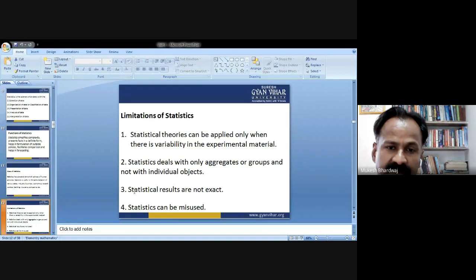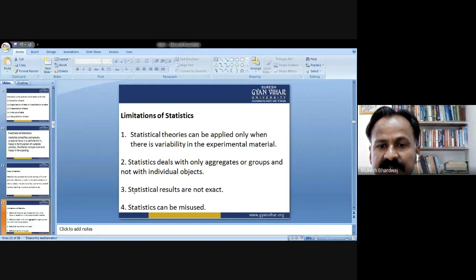The first and most important condition for applying statistical theory is that if you are doing some survey or study and there is no variation in that, then statistical theory cannot be applied. So where there is variation in the experimental material, you can go for statistical theory.